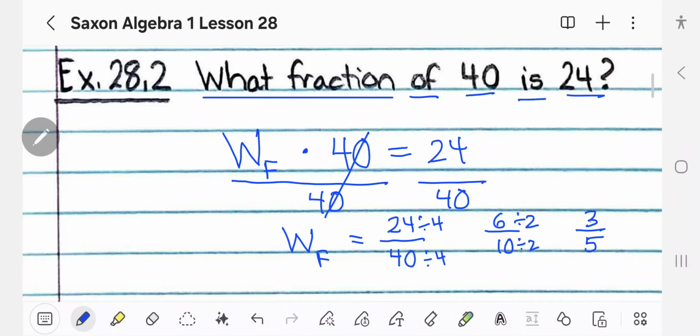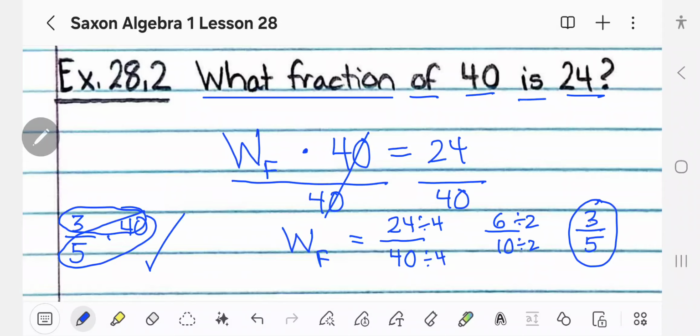So our answer for what fraction of 40 is 24 is 3/5. So if you did 3/5 of 40, divide it by 5 and you get 8, multiply that by 3 and you get 24, and now I know that that's the correct answer.